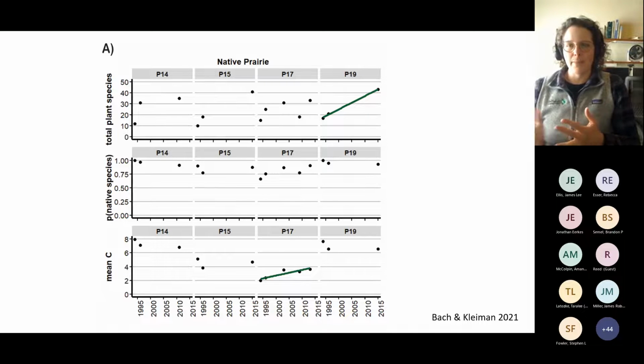So that means, for example, in P19, where we saw an increase in total plant species, these aren't weedy non-native plants moving into those remnants. These are native plants recruited into the system. And then the bottom line shows this mean C, this mean coefficient of conservatism or measure of rarity. And we can see that in one of these native prairie transects, we did see an increase in that overall mean coefficient of conservatism across the 20 years of data represented in these graphs.